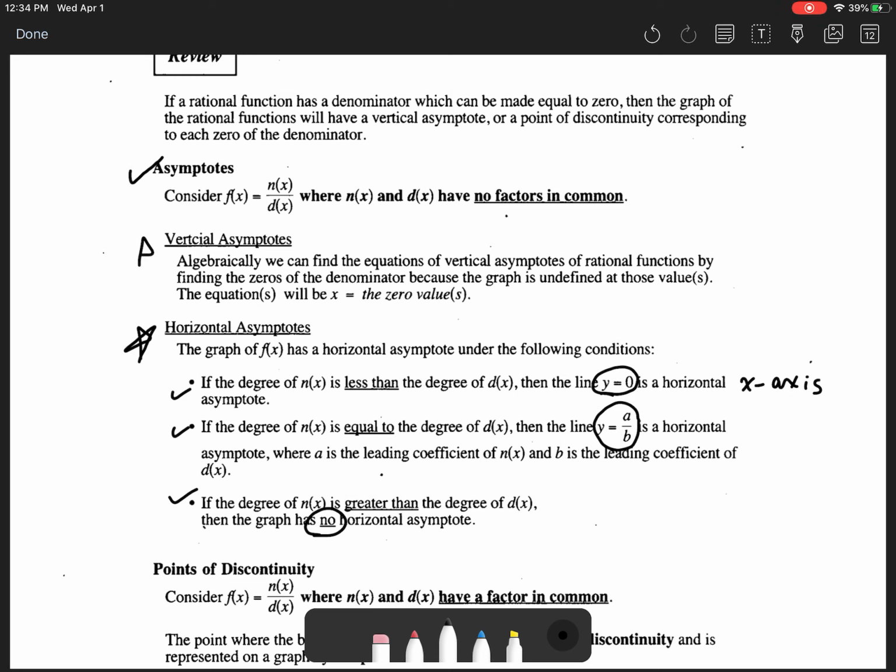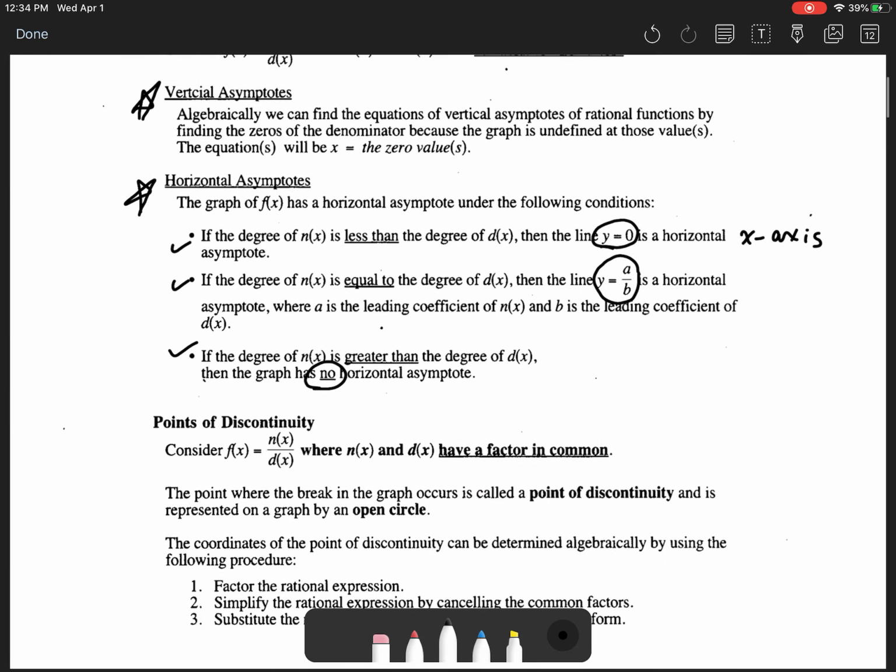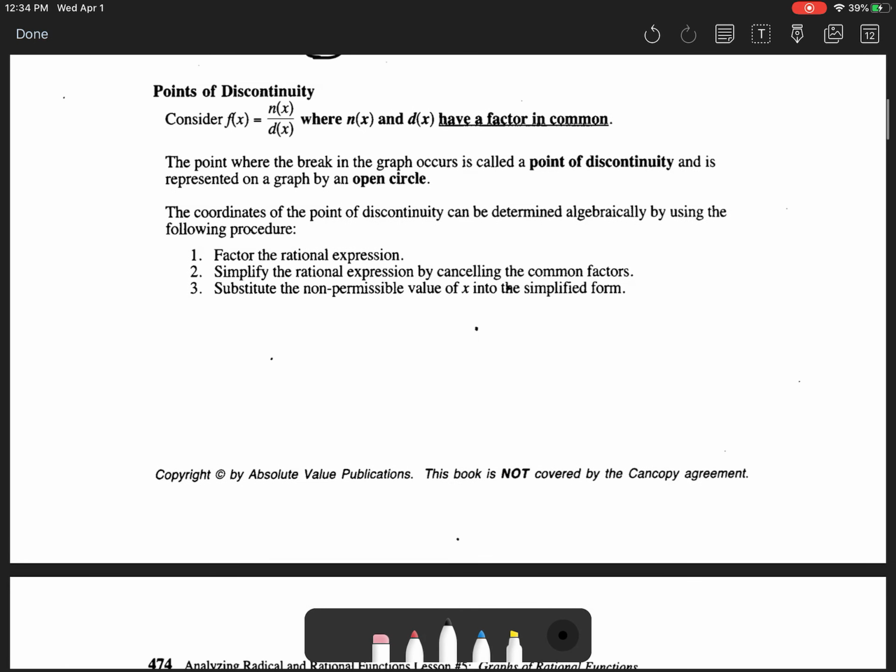And then when I move back up here to vertical asymptotes, we're just talking about the non-permissible values of the denominator. Points of discontinuity. This is what we discussed, and you heard me talk about it yesterday on YouTube. This is where, when I factor the numerator and denominator, they share a common factor. So that point right there is very important.